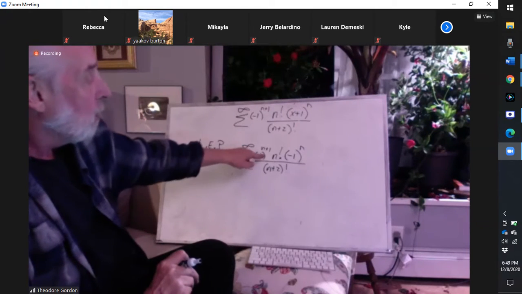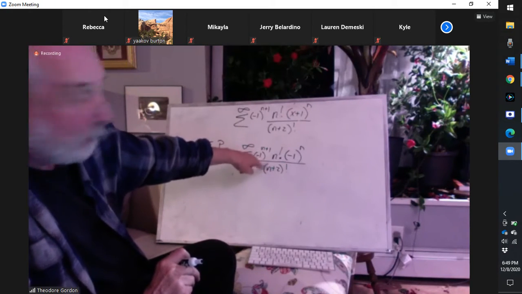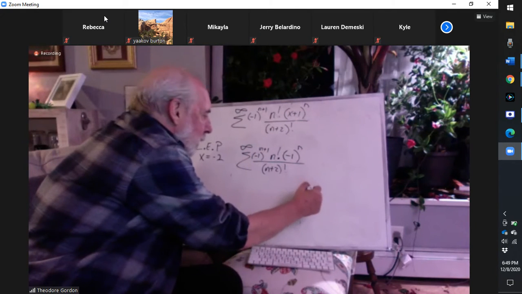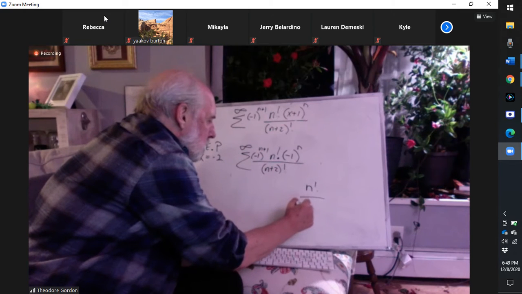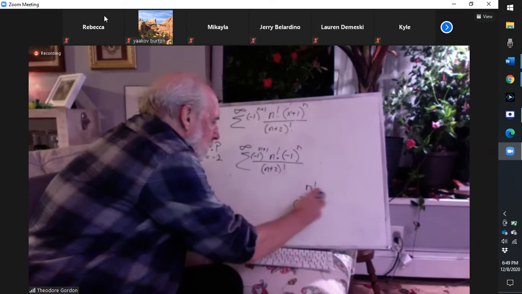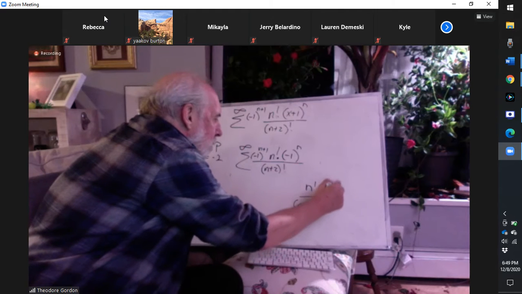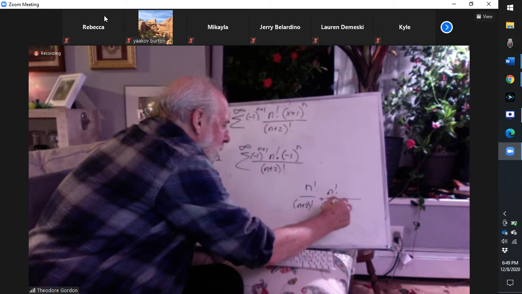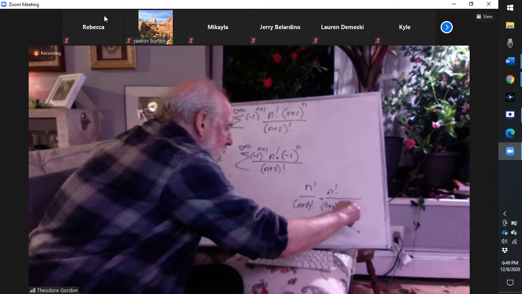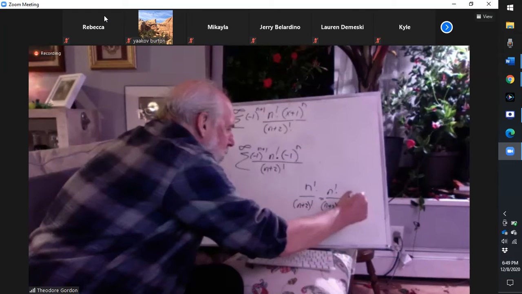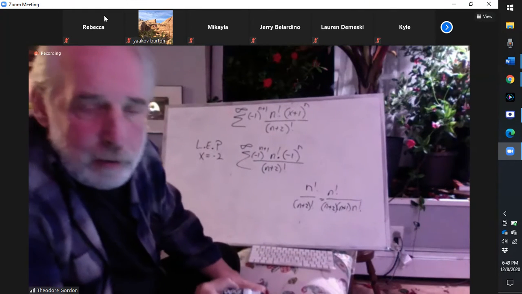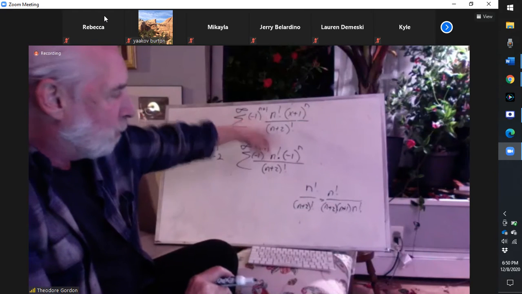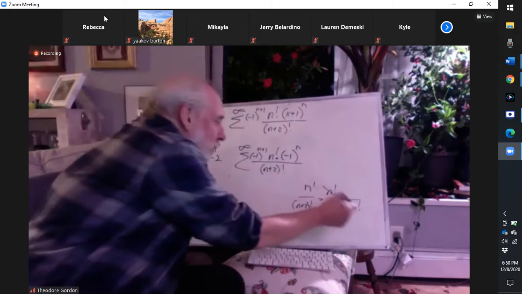Now, here I'm going to algebraically cancel these out right here. So n factorial over n plus 2 factorial becomes n factorial over n plus 2 times n plus 1 times n factorial, which is what John was saying earlier. When we started this problem, we could have done algebra to this right away. The n factorials cancel.